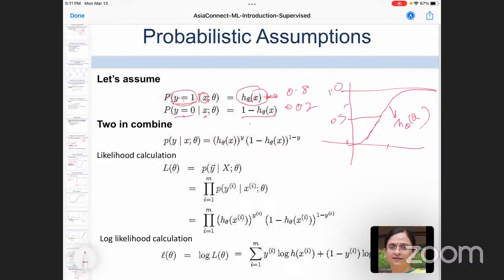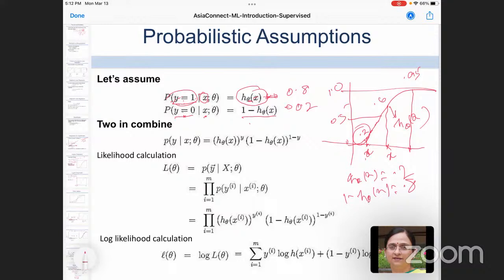If your input is here, what is the probability of it belonging to class 1, y equal to 1? It will be 0.6. If x is here, the probability is 0.95. If x is here, the probability of y equal to 1 will be 0.2. Then the probability of being in class 0 will be higher. If h theta x equals 0.2, 1 minus h theta x will be 0.8, so you can say this belongs to class 0.